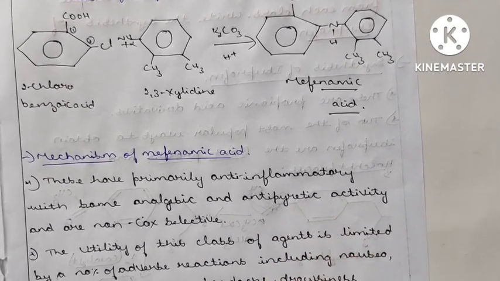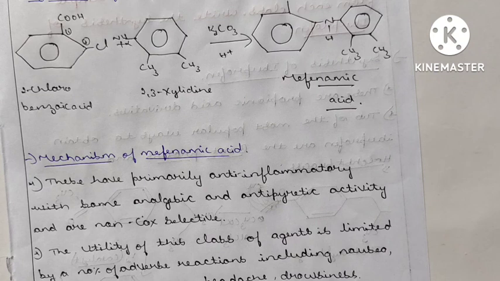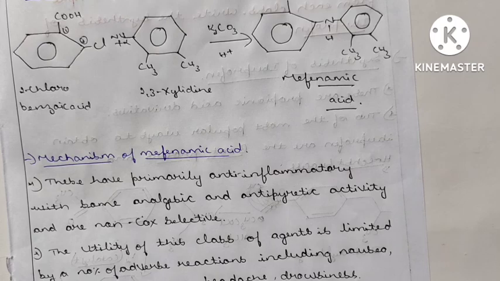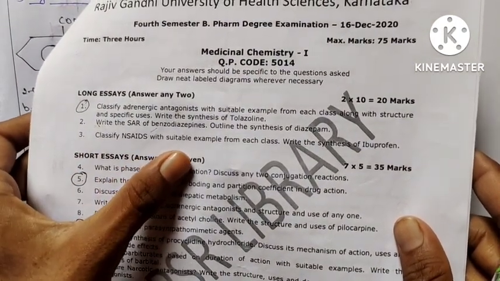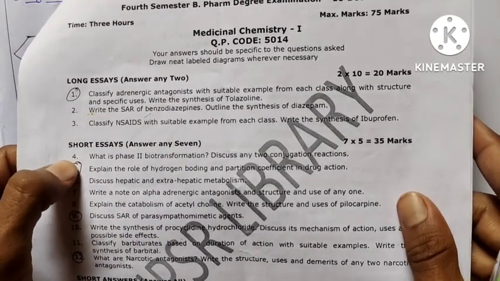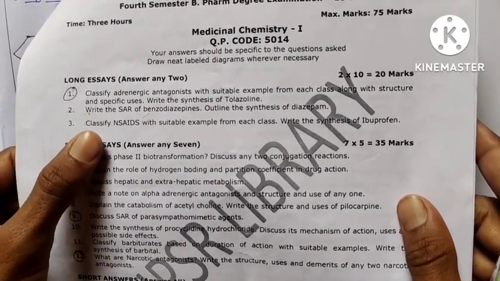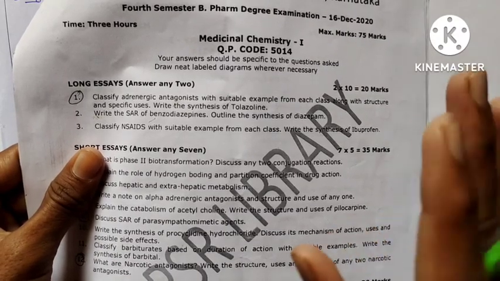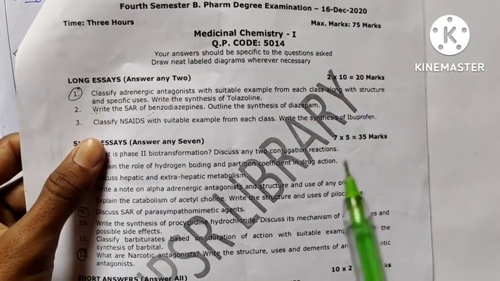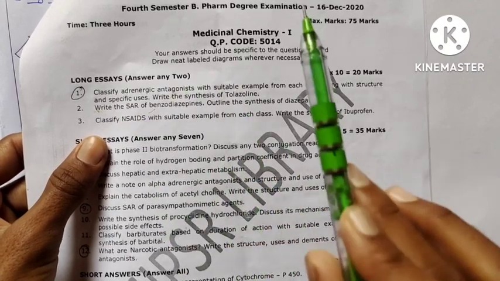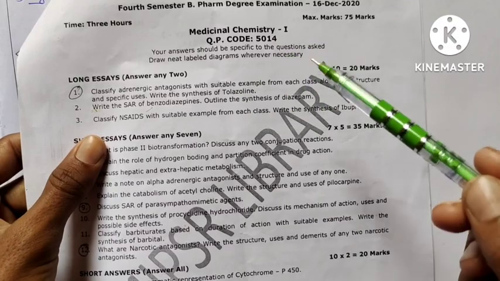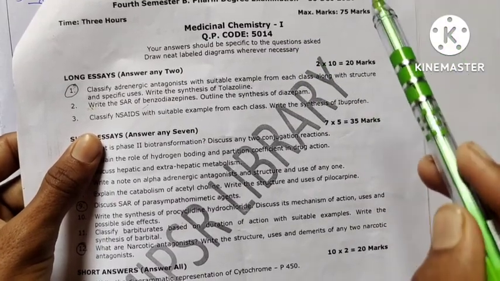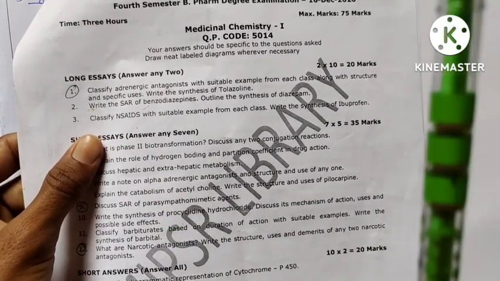In the next class we will discuss the fifth important question. Before going to that, remember one point here. If the question is like this: classify NSAIDs with suitable example from each class, write the synthesis of ibuprofen. Here NSAID is the same as anti-inflammatory. You have to write what an NSAID is, then the same classification you wrote for anti-inflammatory drugs: profens, phenamates, the same classification for NSAIDs.